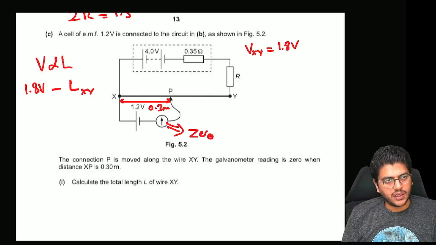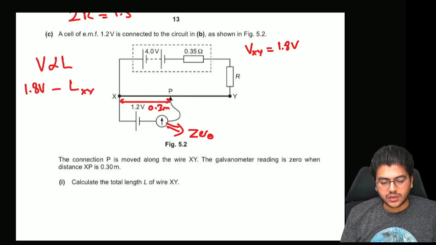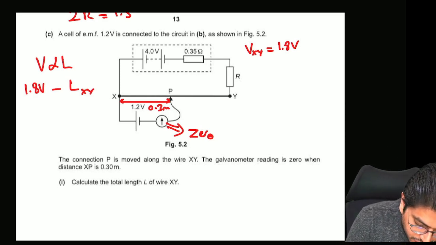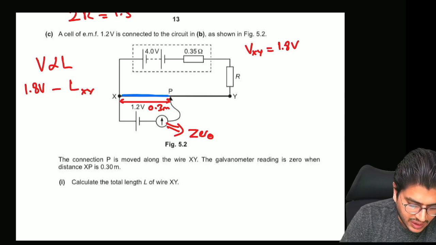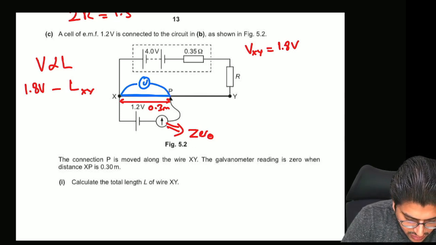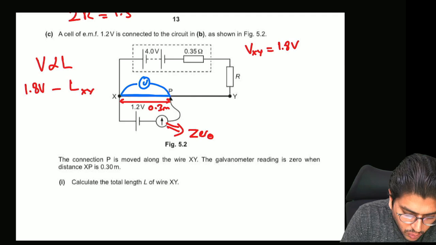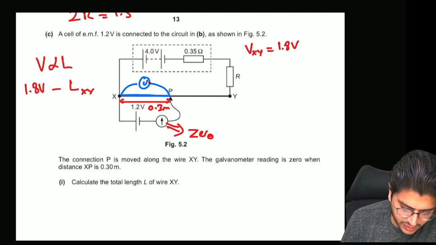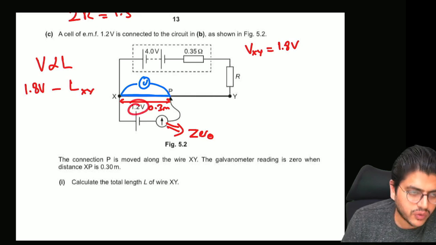Why? Because this part of the wire has a voltage on it, and this voltage is coming because of this cell. This voltage is 1.2 volts.